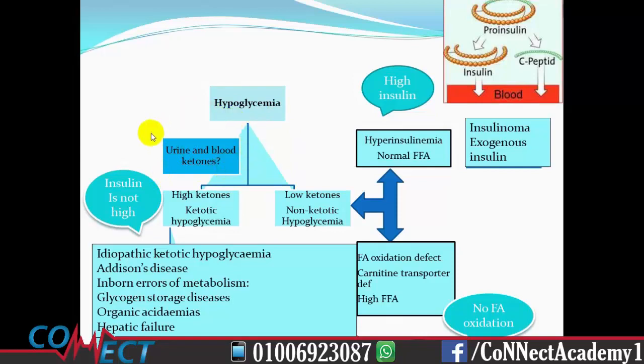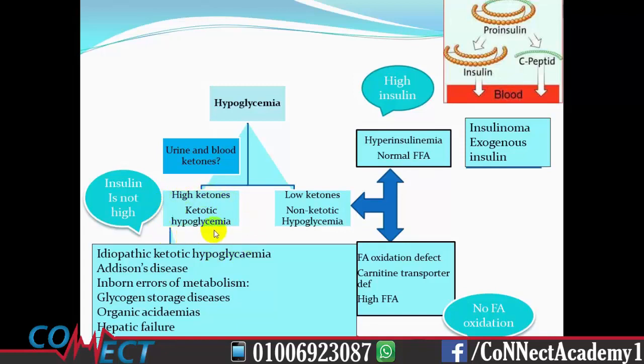By testing the presence of ketones, we test the fatty acid oxidation mechanism. Is he able to have fatty acid oxidation? So if we find high ketones, we call it ketotic hypoglycemia. This is the first type of hypoglycemia faced in children.